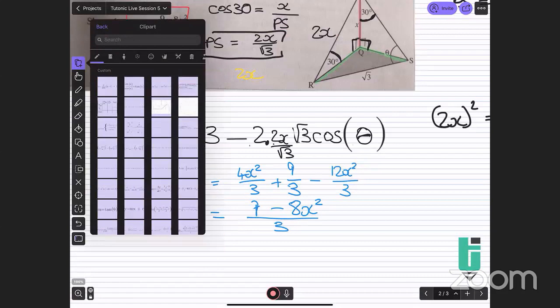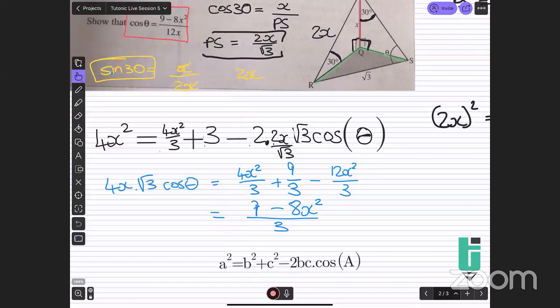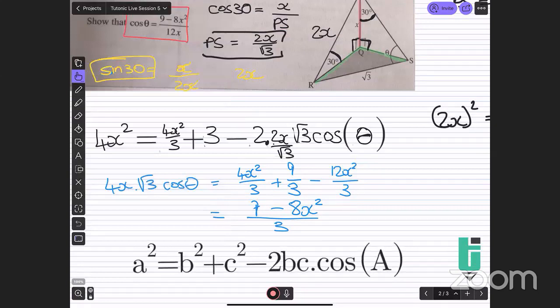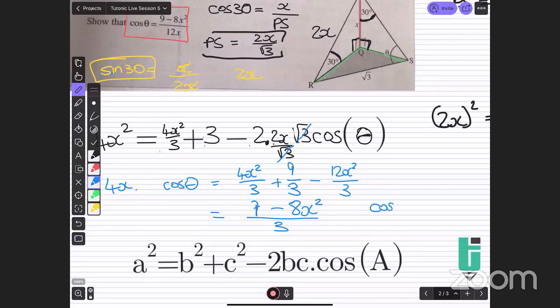Do you remember from the equation? So it's going to be minus 2 times 2x over root 3 times root 3. So that cancels there, which gives us cos theta equals 9 minus 8x squared over 12x.